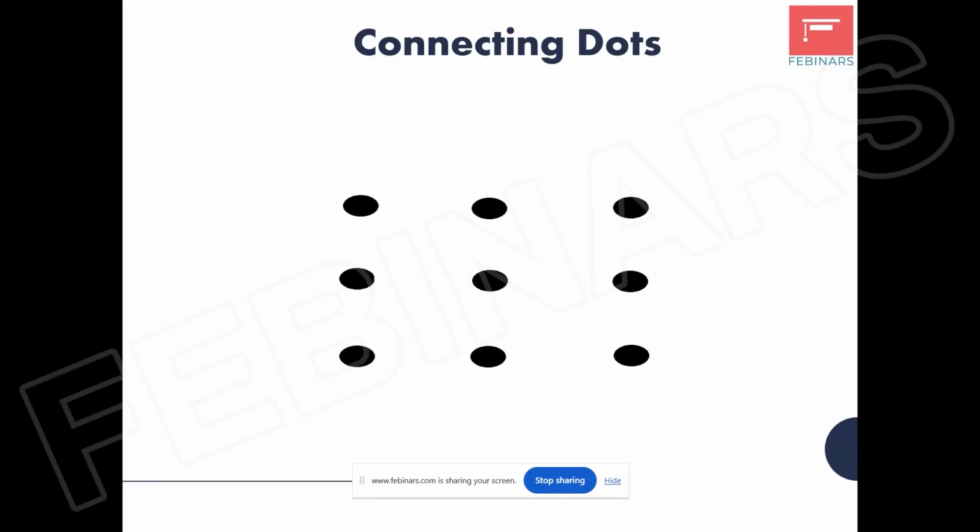Those who have been regular attendees in last week's session, I have briefed a bit. It's a brainstorming puzzle, a small puzzle. I'll repeat the question again. Connect the 9 dots with 4 lines without lifting your pen or pencil. Is anybody able to complete the puzzle?